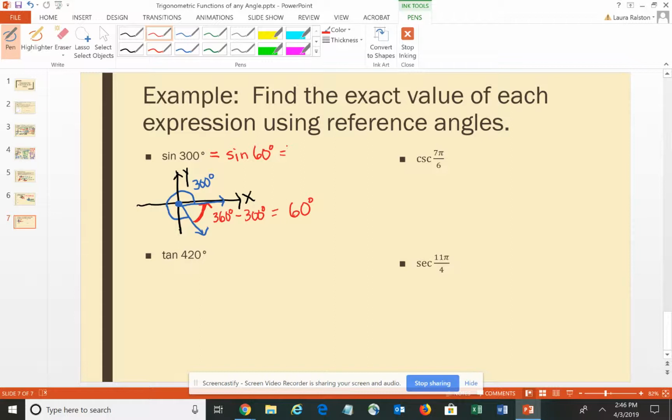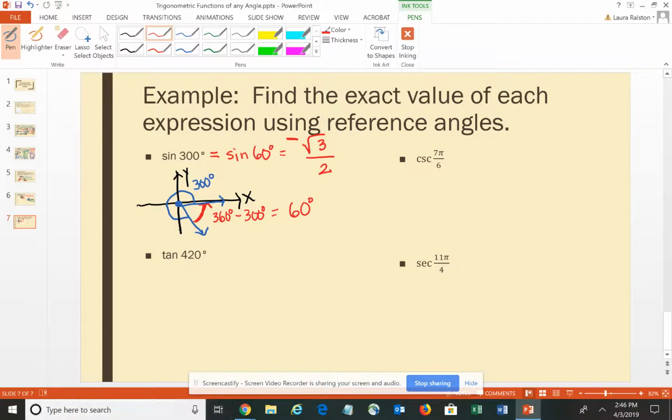From my unit circle, the sine of 60 degrees is the square root of 3 over 2. Now I need to think about it because I'm in quadrant 4. In quadrant 4, the value of the sine is going to be negative.